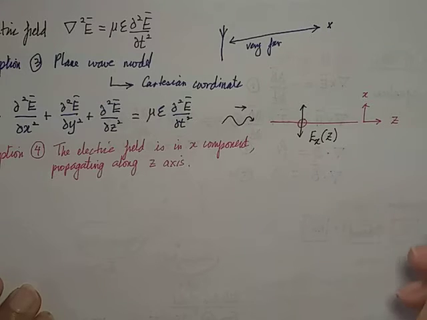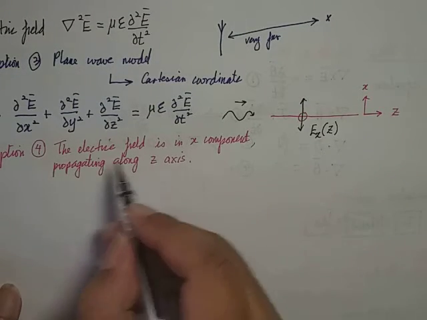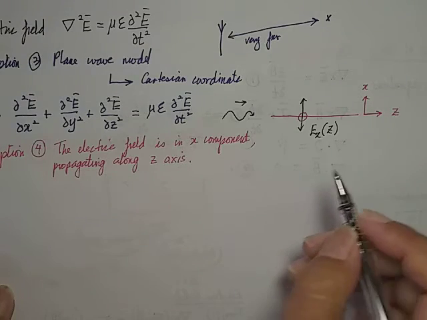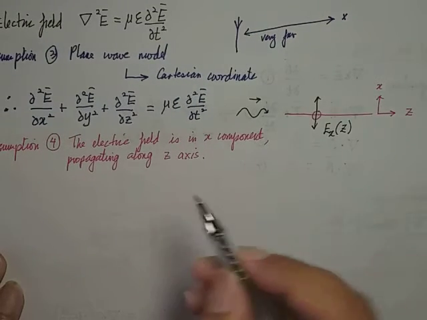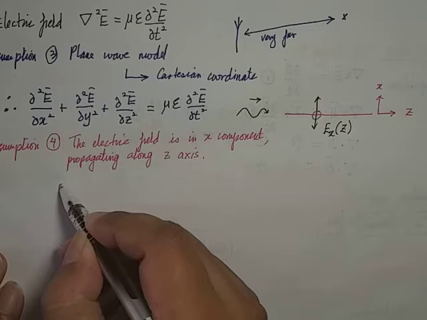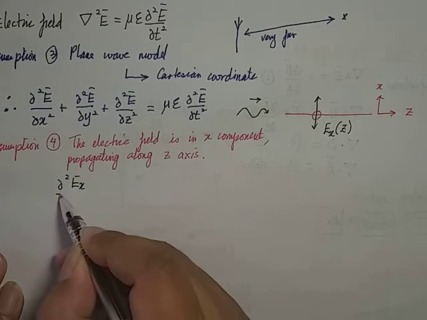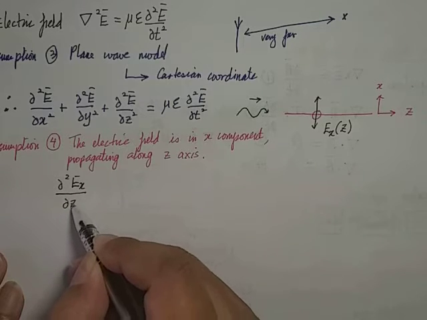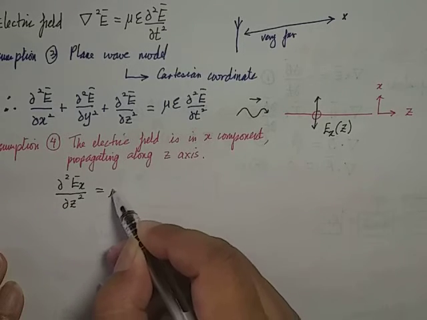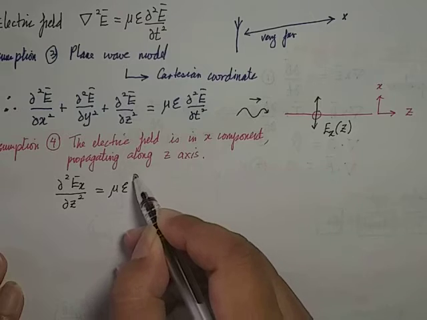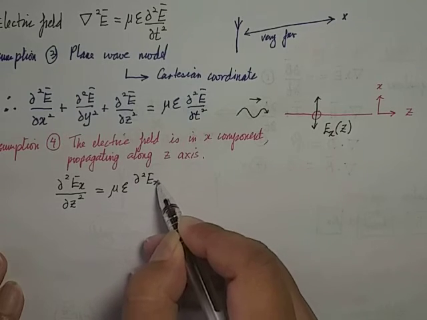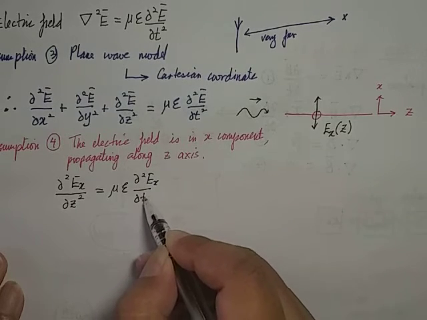With that stated, this general equation is simplified further to become this equation: d square Ex over dz square equal to mu epsilon d square Ex over dt square.